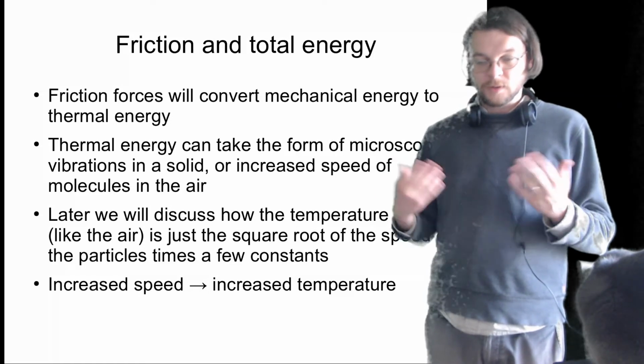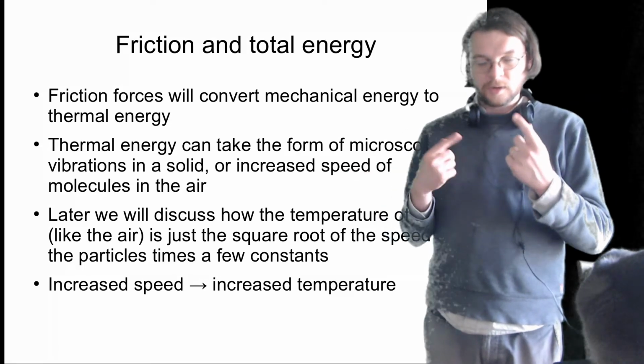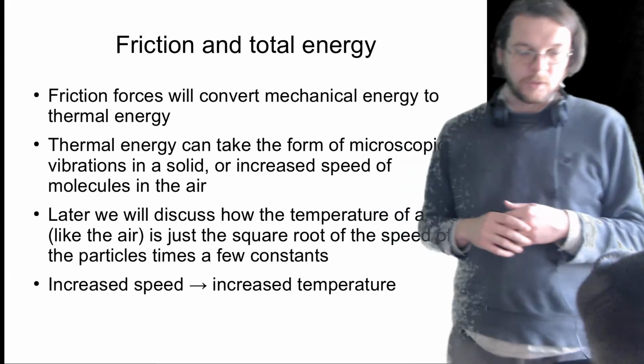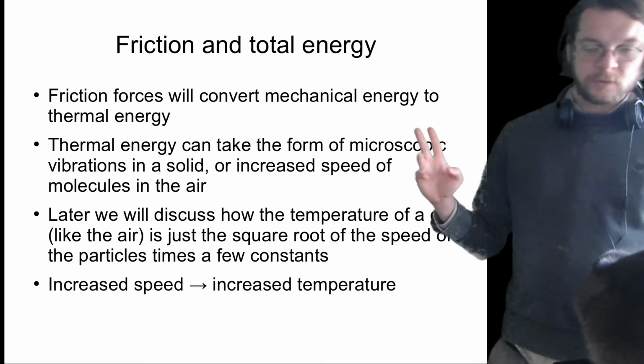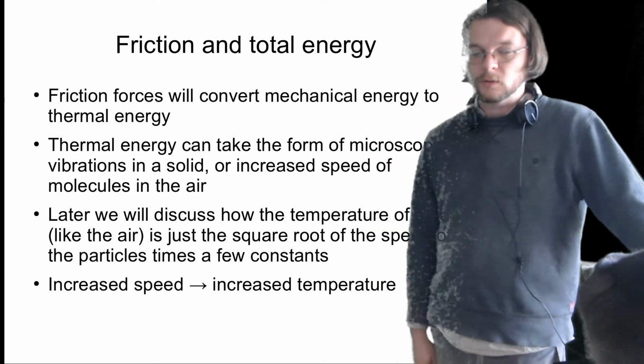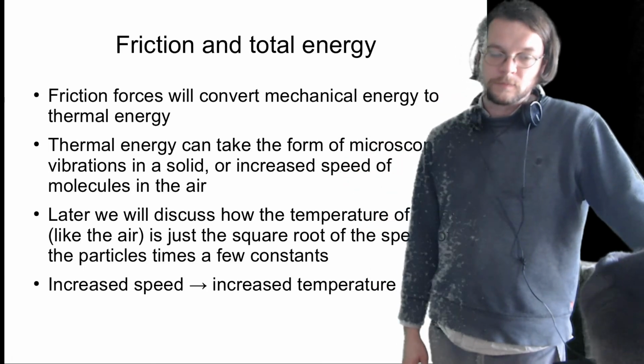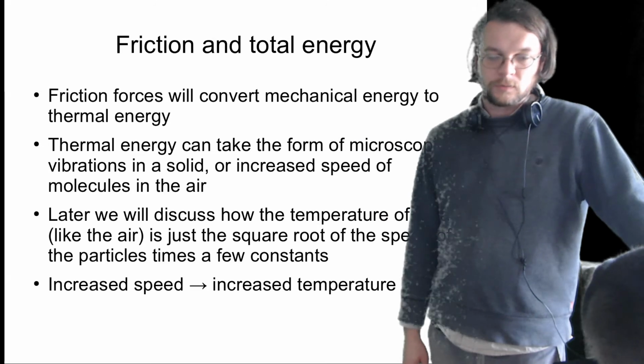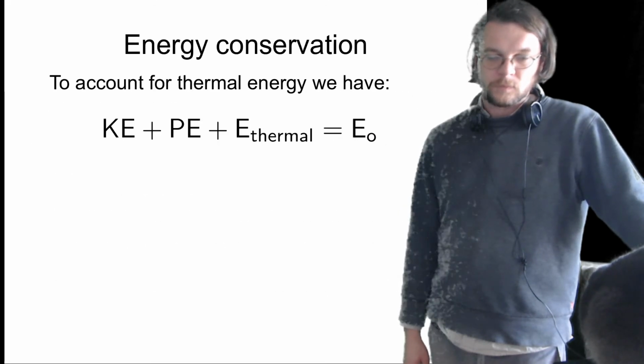The air in this room, if you make it hotter, will zip around a little bit faster. We'll talk about that a little bit later. And so that's part of why there's a connection between friction and kinetic energy and things like that.